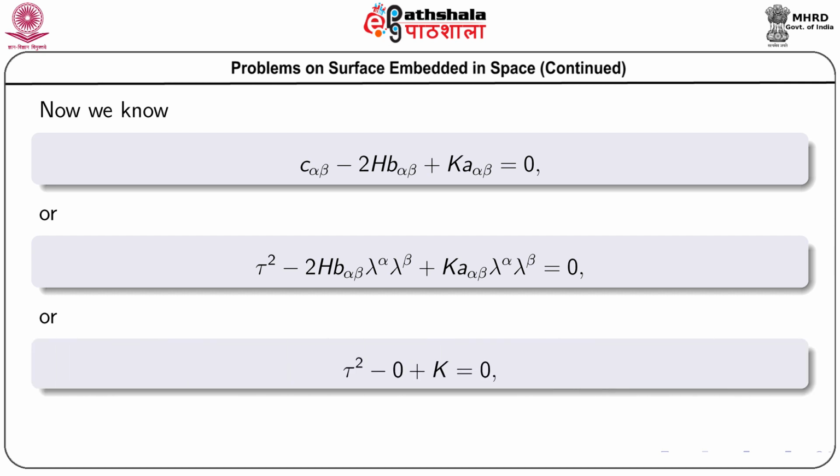Now, as for the normal curvature, b alpha beta lambda alpha lambda beta, this one is considered here as 0.